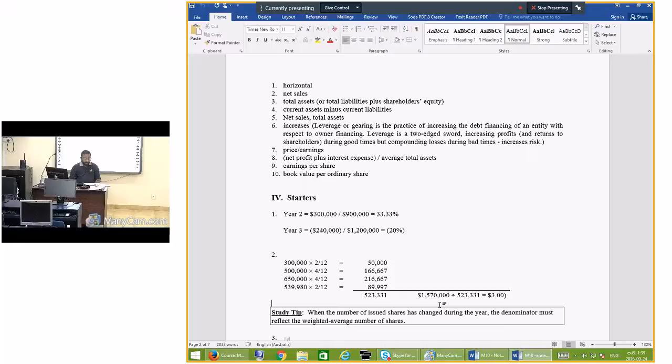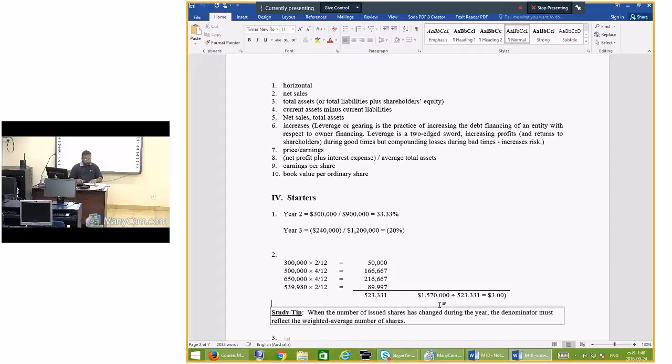This is the consolidated income statement, and complete the vertical analysis. When calculating vertical analysis, the statement is in demonstration problem 1.